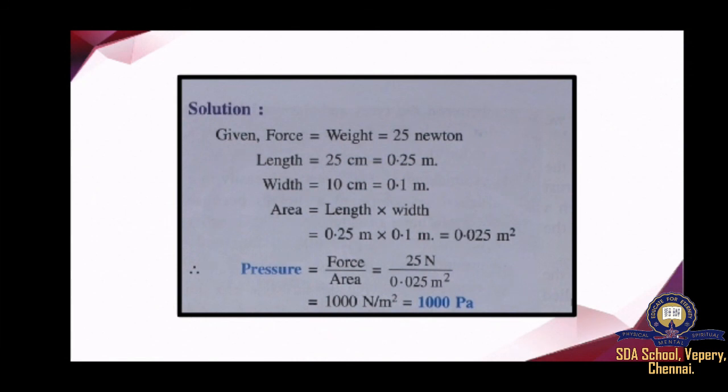And the SI unit of pressure is Pascal, so we can write it as 1000 Pascal. So this problem involves the conversion of units and also the finding out of the area using the length and the width.